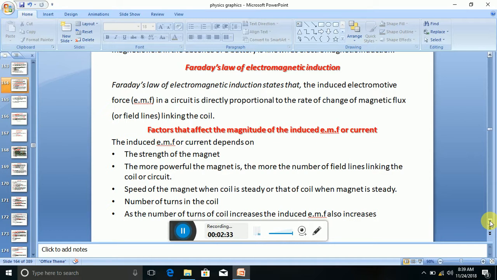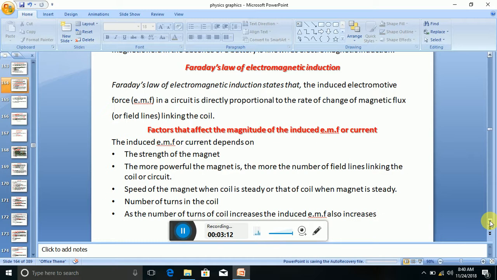The more powerful the magnet is, the more the number of field lines linking the coil or circuit. Two, the speed of the magnet when the coil is steady, or that of the coil when the magnet is steady. Very, very important. The speed of the magnet vis-a-vis the coil is very important in determining the amount of the EMF or current produced in electromagnetic induction.